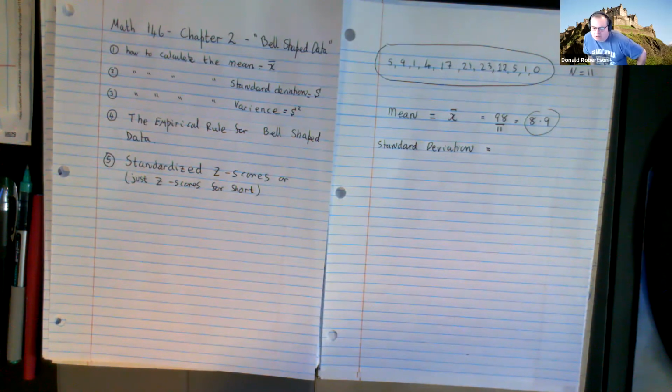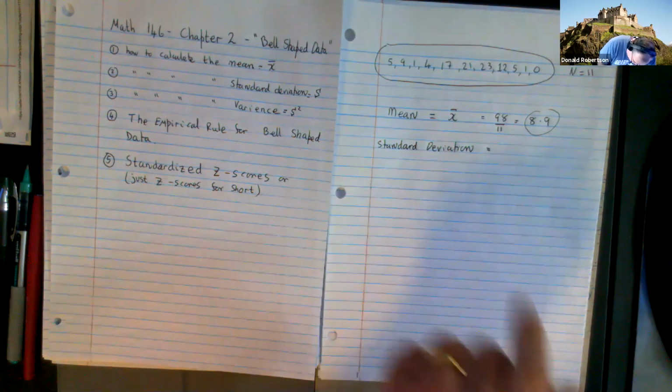And no one I know in statistics ever calculates the standard deviation by hand, even when it's a small data set. We always use software or a calculator. So rather than me tell you the formula for it, I guess I'll tell you the formula for it and then say don't bother about it.